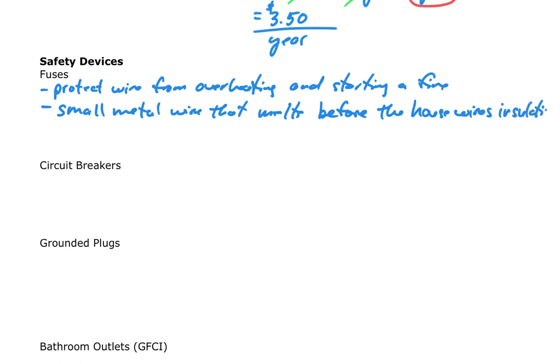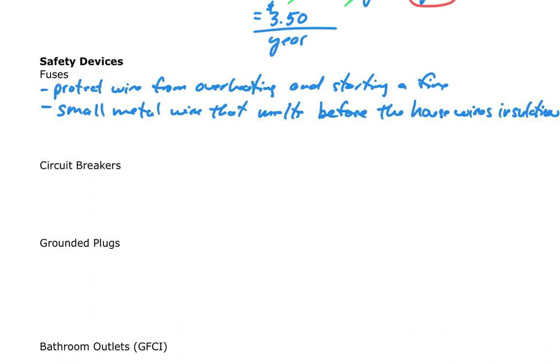So it's going to be the first to fail. The reason that's good is because if that fails, the wires in your house will not fail. Okay? So once the fuse is burned out, that's it, it's trash. You have to throw it away. Okay? It's no good anymore. You can't fix it. There's nothing you can do. It just gets tossed, and you have to replace the fuse with another fuse.